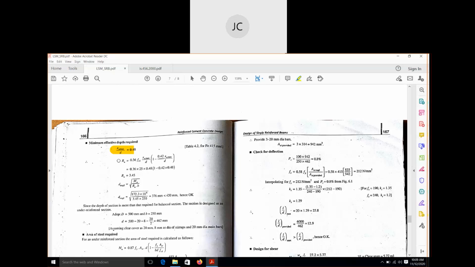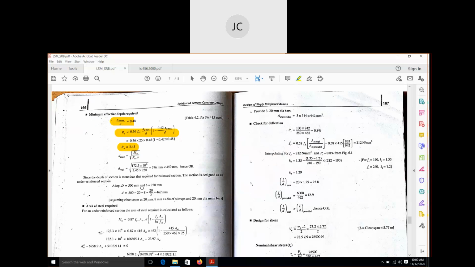Now the value of Ru you have to find out. Ru means 0.36 fck, this value you have to find out first. After putting all the values, we have got Ru equal to 3.45. After getting this factor Ru, we have to find out the effective depth required from this equation.